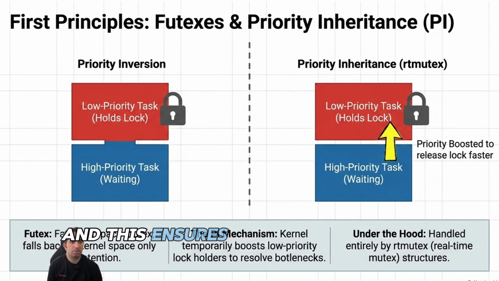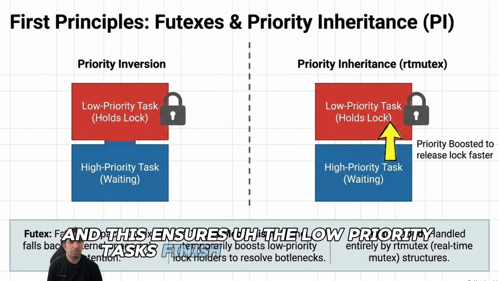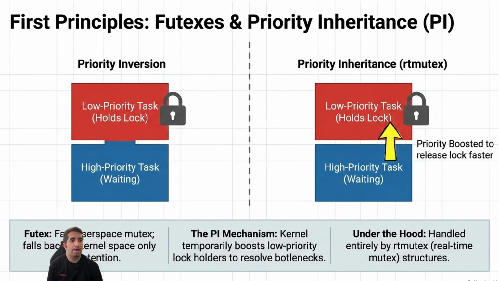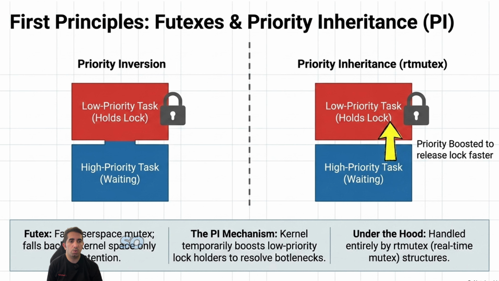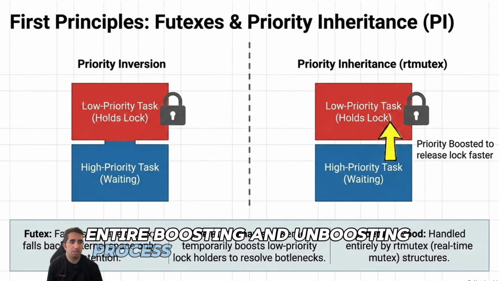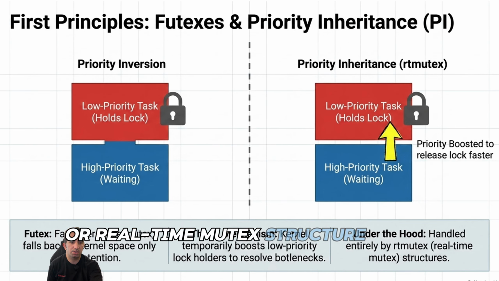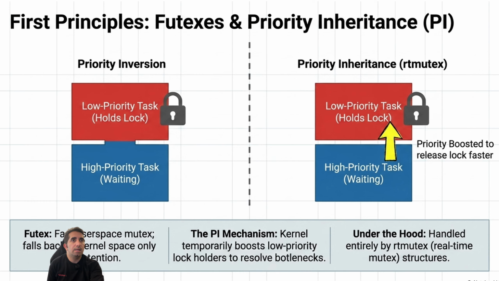This ensures the low priority task finishes its work quickly, releases the lock, and yields to the high priority task. Under the hood, this entire boosting and unboosting process is managed by the RT mutex, or real-time mutex, structure in the kernel.